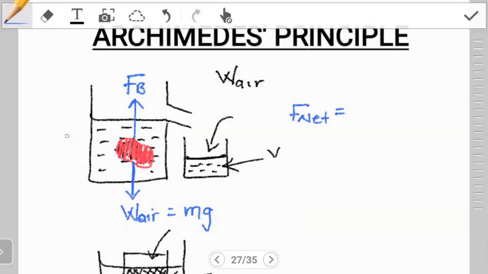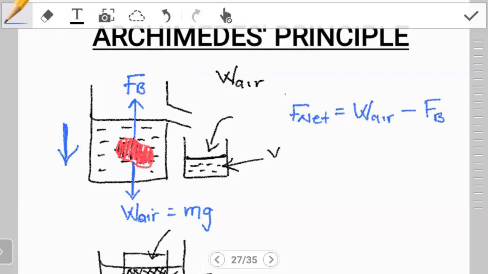So most books will take it, since this object is sinking, most books would take the downward direction to be the positive one, meaning the weight in air will be taken as positive, and then the buoyant force will be taken as negative.